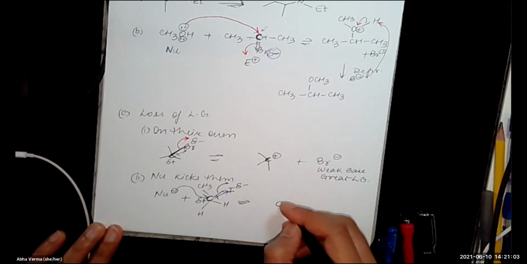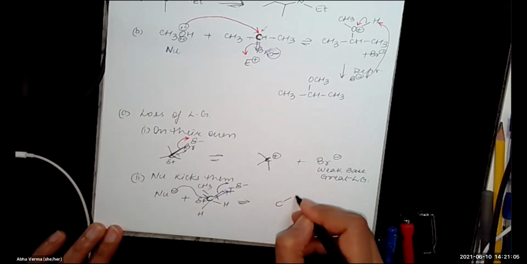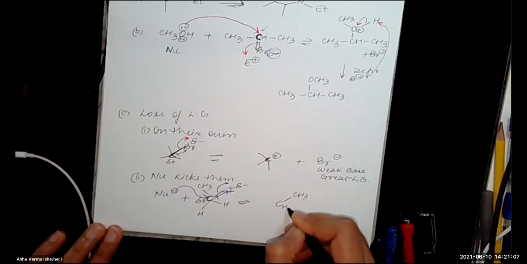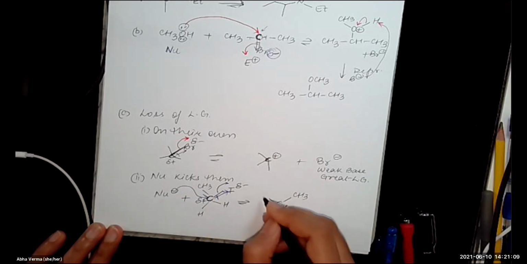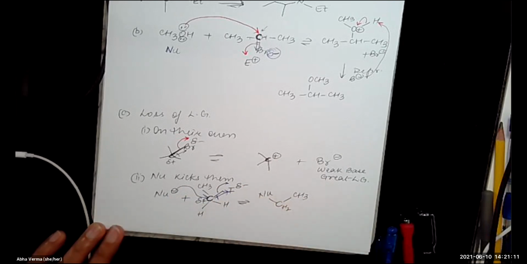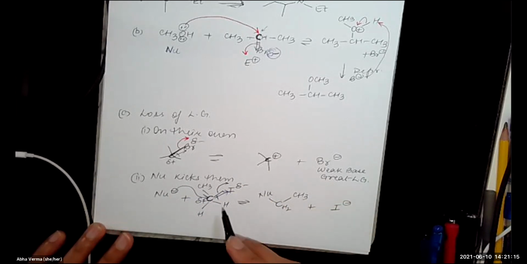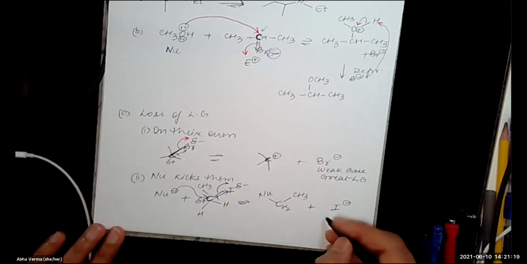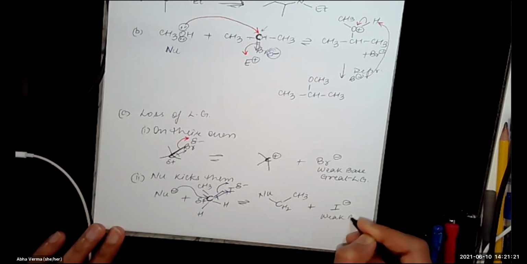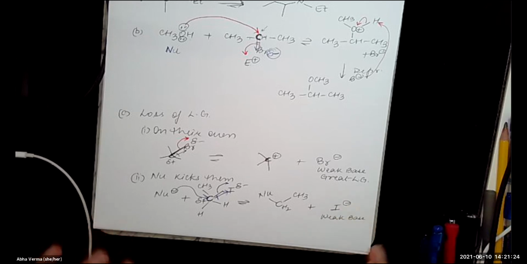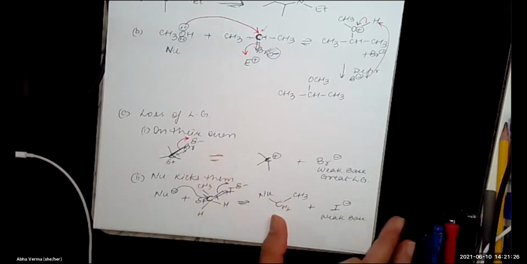I have a CH3 here, CH2 here, and my incoming nucleophile pair, plus my iodide. Again, this is a very, very weak base, and hence a great leaving group. So these are the two steps that can occur.